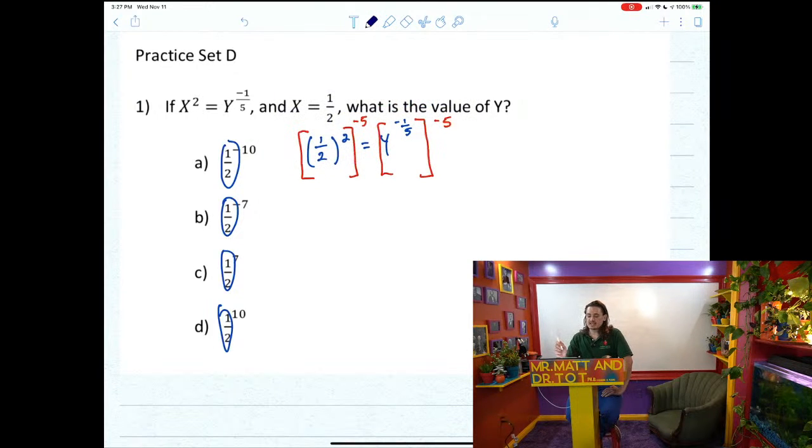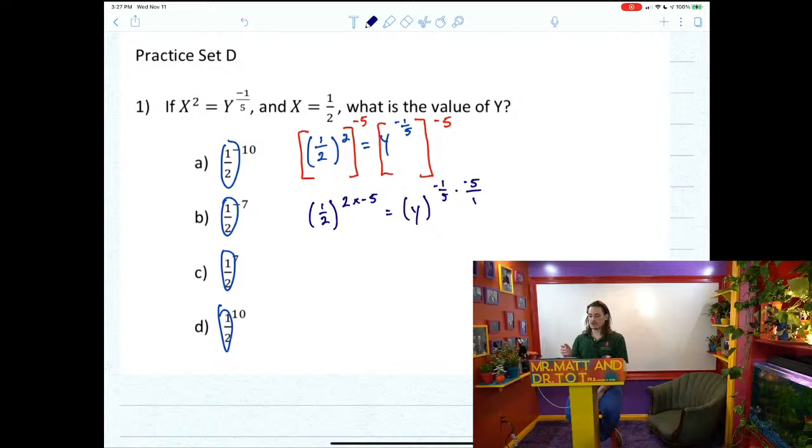So on the left-hand side, I get a power of a power, which is going to be 1/2 raised to the 2 times negative 5 power, equal to y raised to the negative 1/5 times negative 5, which I can write as a fraction as negative 5 over 1 power.